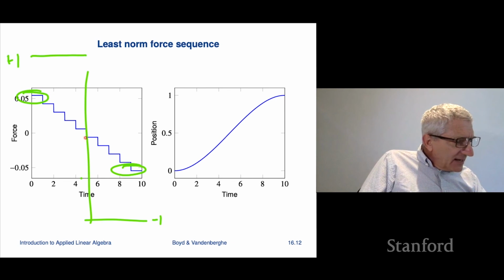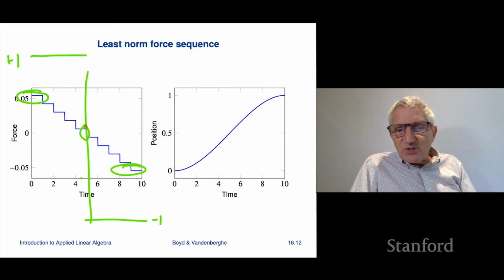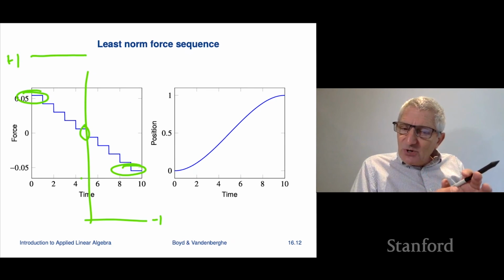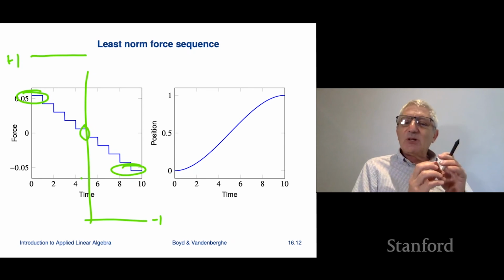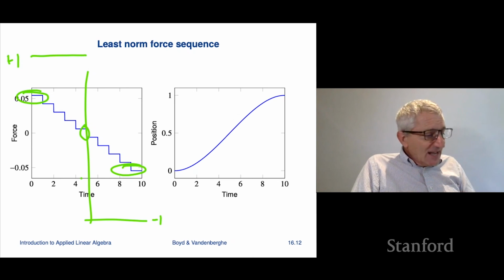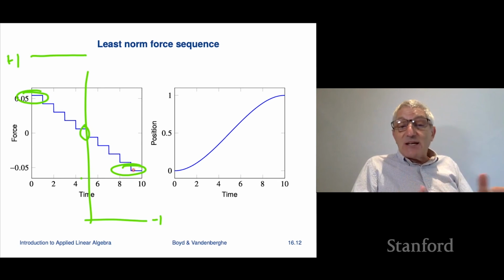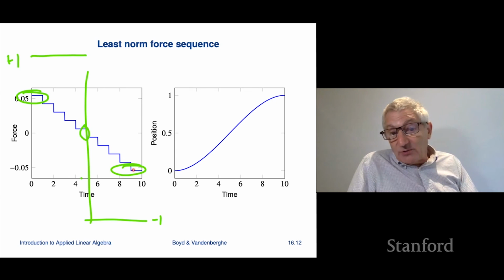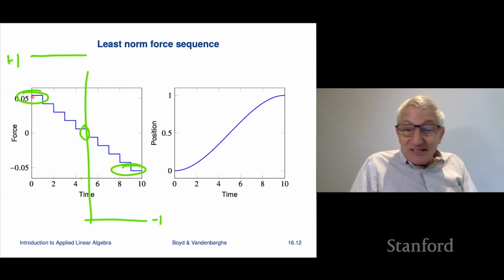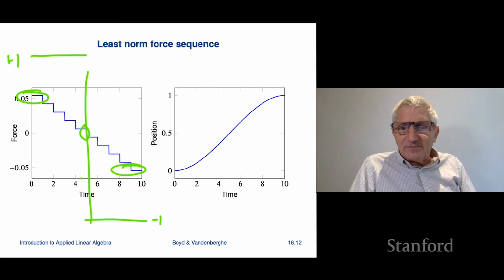And then right at t equals 5 you switch over from a small push to a small pull. And then you pull a little harder and a little harder still. By the time you get to the end, it's symmetrical: you're pulling by roughly 0.05 Newtons, okay?